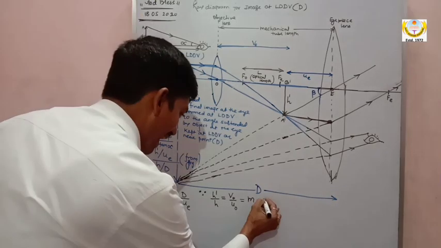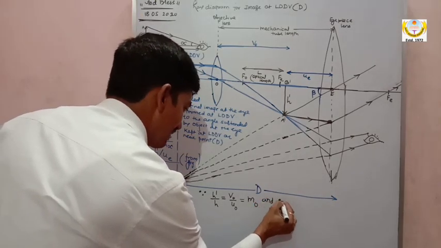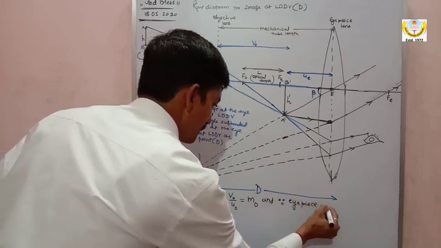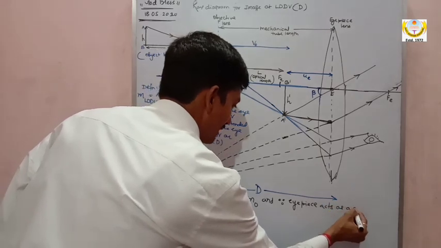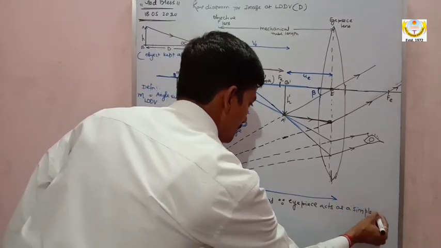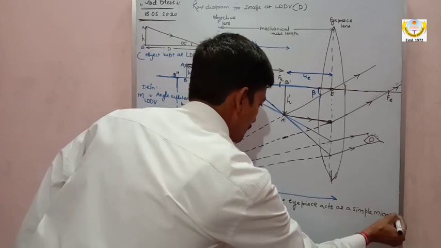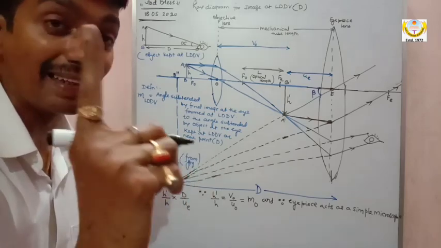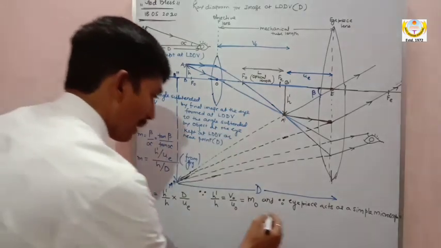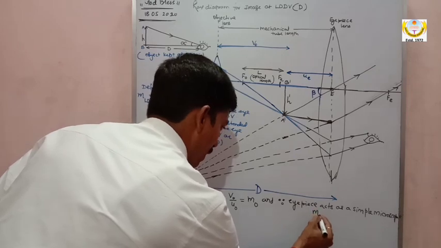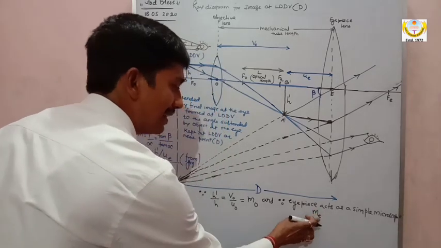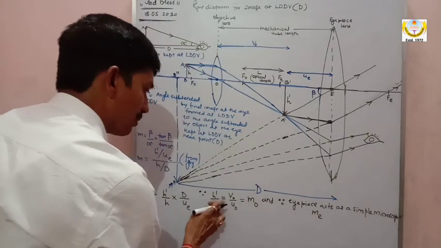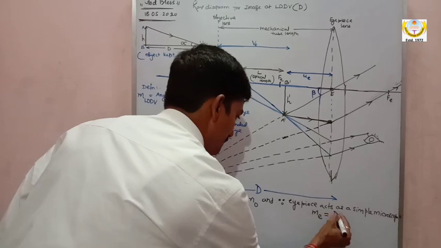And since the eyepiece acts as a simple microscope, and you all have done the simple microscope with me at LDDV, if you remember, the magnification at LDDV, ME, is the magnification due to the eyepiece, and MO is the magnification due to the objective. ME is D by UE.